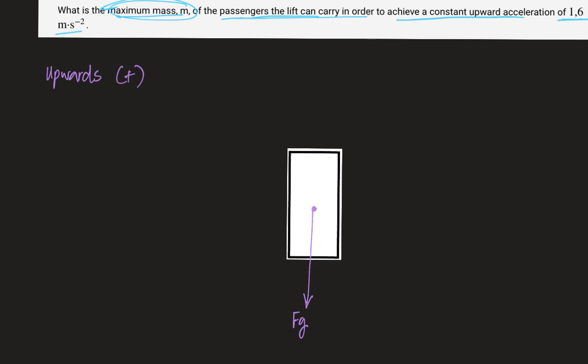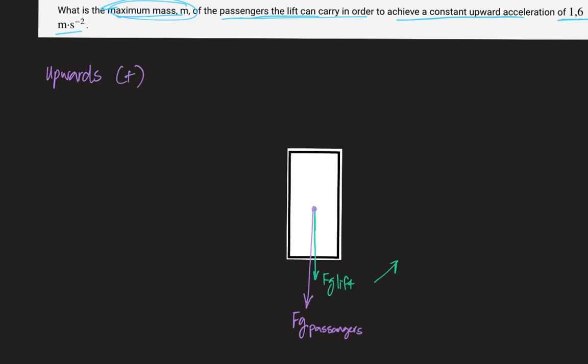You would use a ruler, right? At the exact same time, this is the Fg of my passengers. At the exact same time, I have another force also going down this way, and that is my Fg of the lift itself.